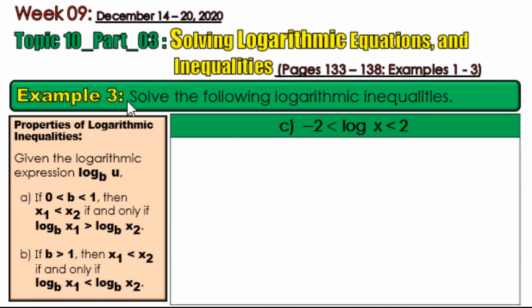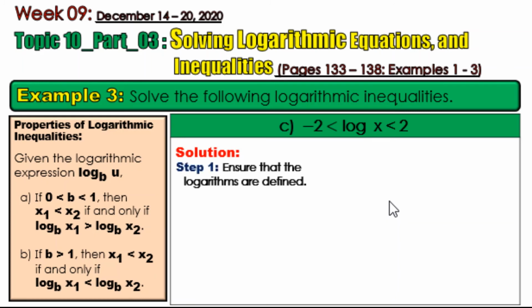And the last one, we have example number 3, letter C: negative 2 less than logarithm of x less than 2. So the first step is to ensure that the logarithms are defined.